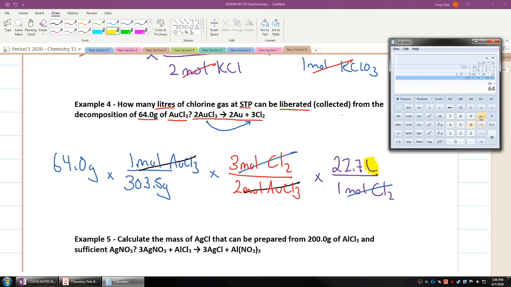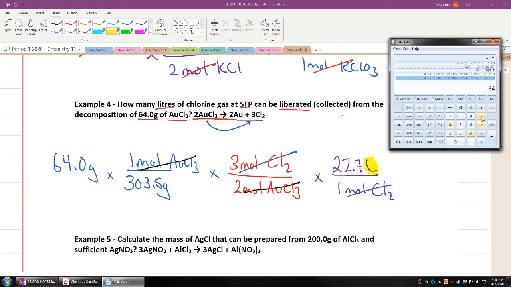64 divided by 303.5 times 3 divided by 2 times 22.7, oops, I messed up. 64 divided by 303.5 times 2 divided by, oops, I messed up again.